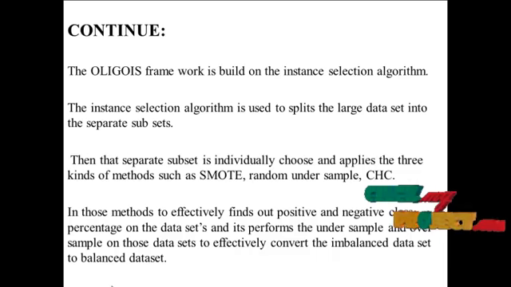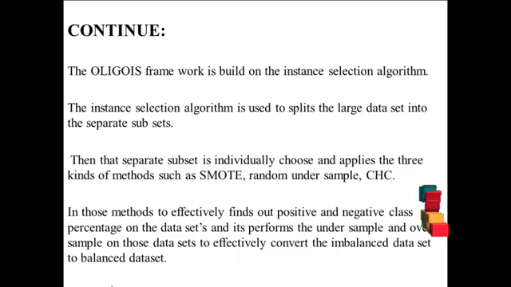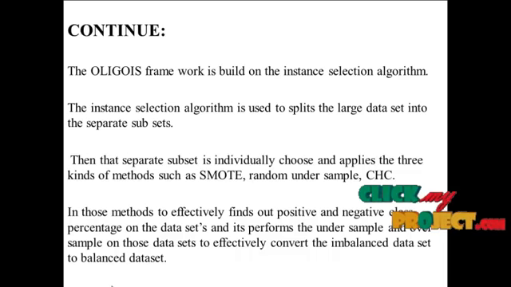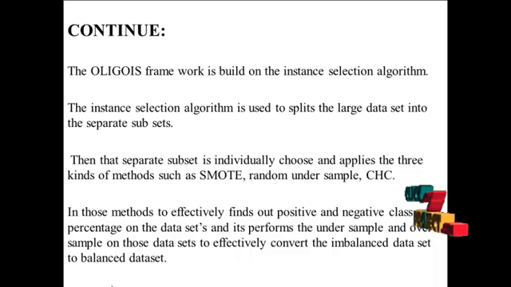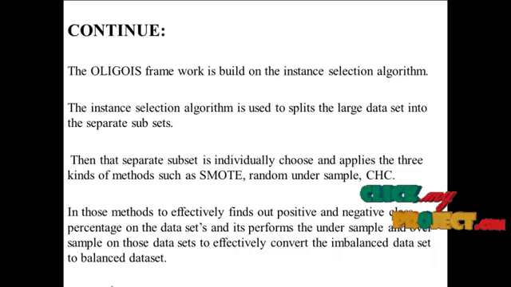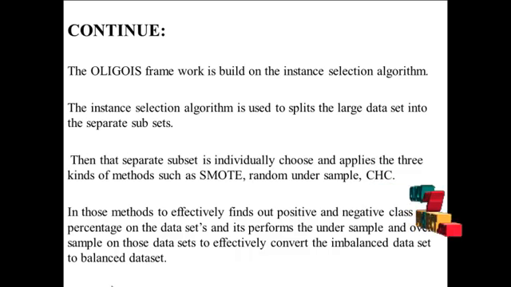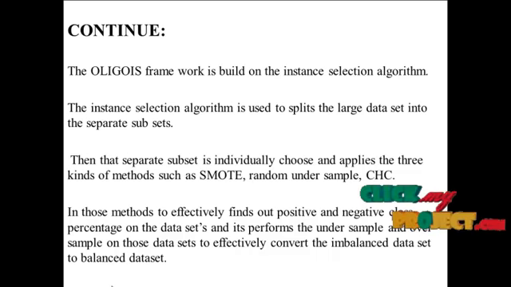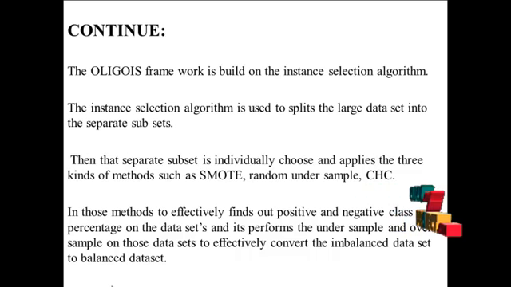Then each separate subset is individually chosen and the three kinds of methods, such as SMOTE, random, and sample CHC, are applied. These methods effectively find the positive and negative class percentage in the data sets, and perform undersampling and oversampling to effectively convert the imbalanced data set to a balanced data set.